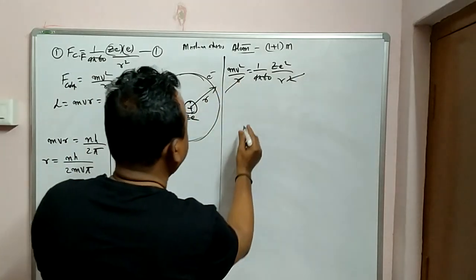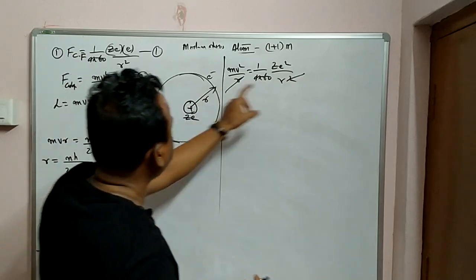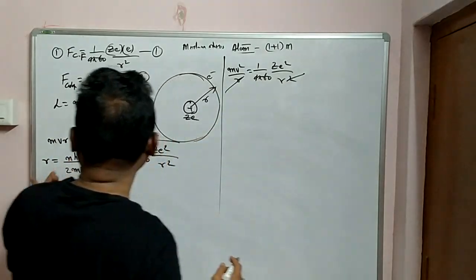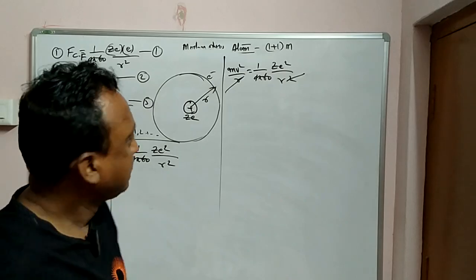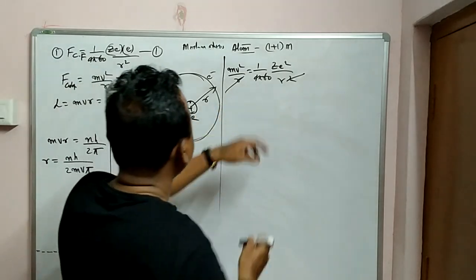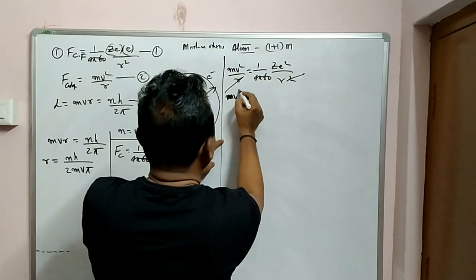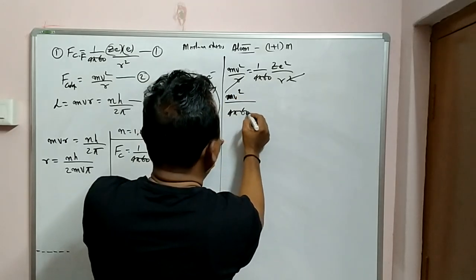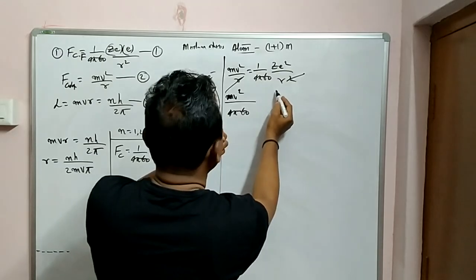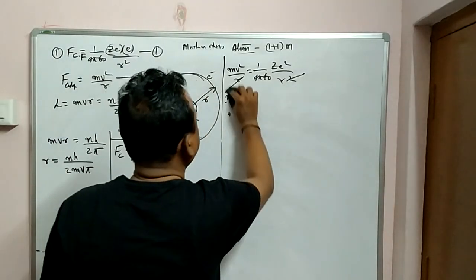If you substitute this R value here, then you can calculate the V value. Because that's the point. When you put it here, see what has happened here: mv square by 4 pi epsilon naught is equal, sorry, this is equal here.